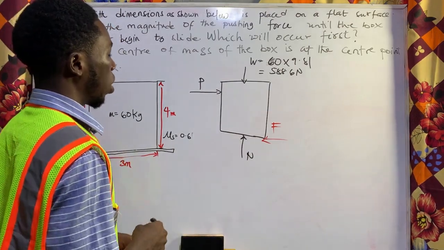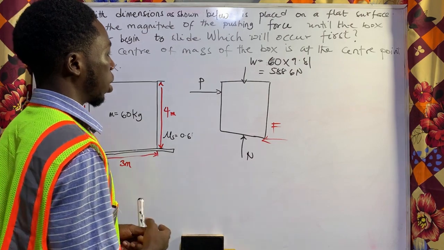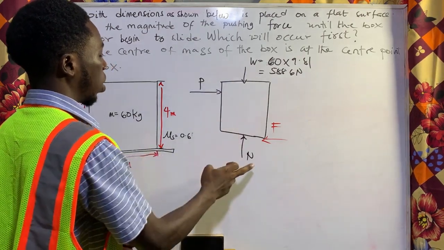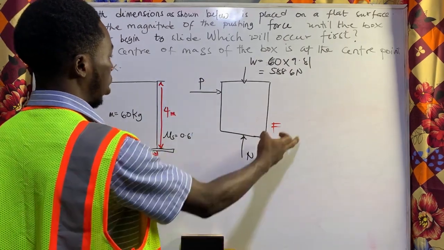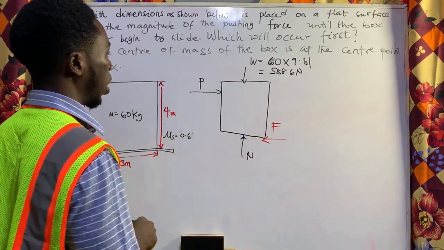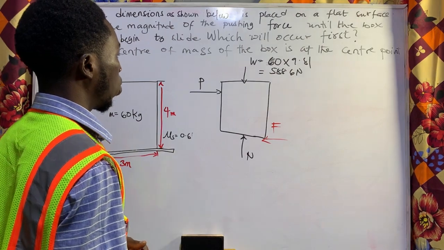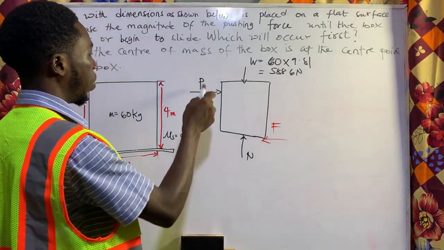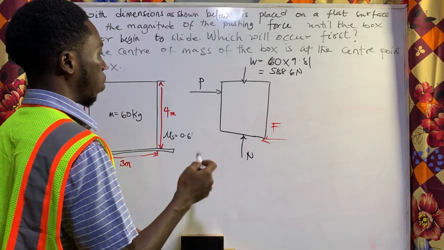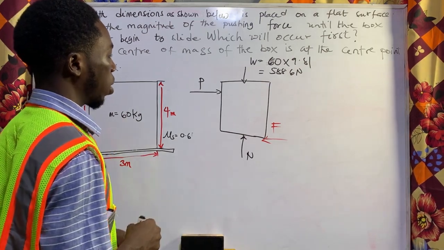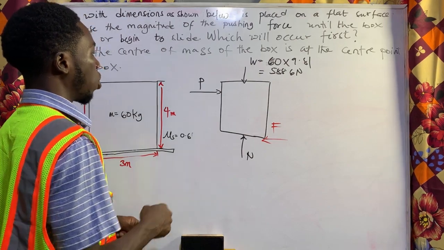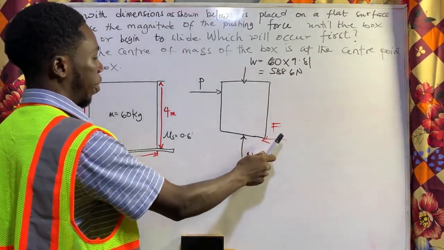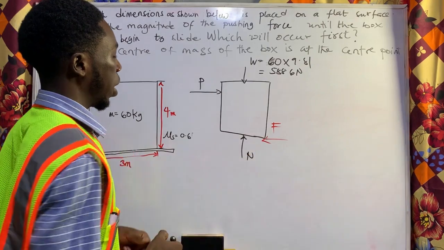What that means is that the weight force is being balanced by the normal reaction force, and this applied force P here is being balanced by this friction force here. We want to calculate the minimum value of P that will cause the box to begin to slide. So that value will have to be equal to the maximum friction that is present here.